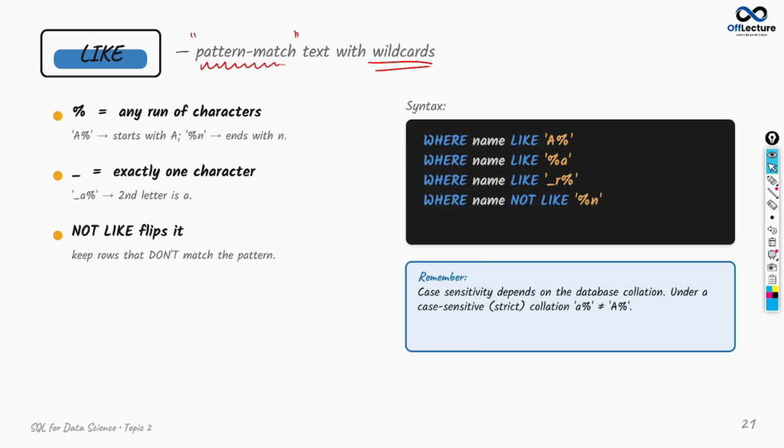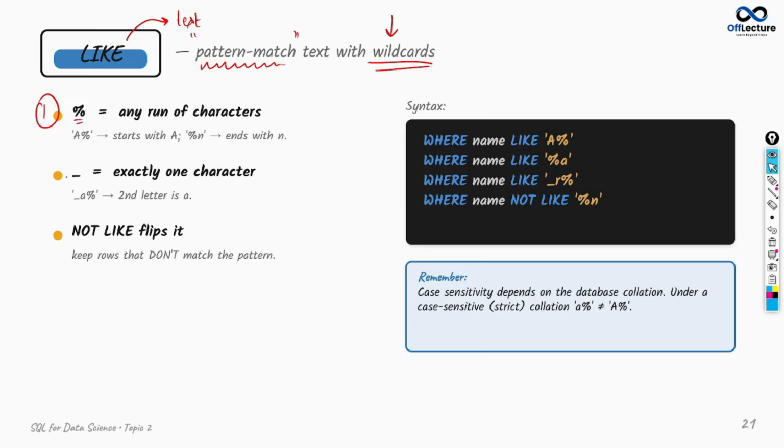Here there are two things we need to understand: what is pattern matching and what are wildcards? LIKE is mostly used only for text-based columns, and it takes the help of wildcards. So let's understand the first wildcard.